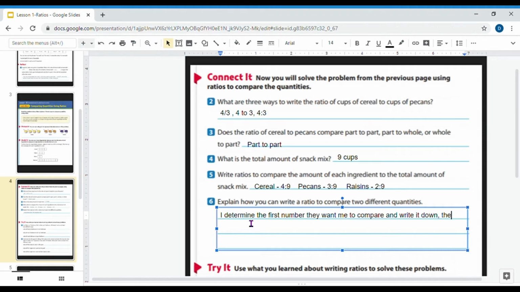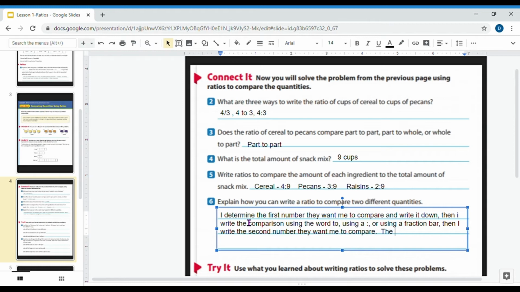Then I write the comparison using the word to, using a colon, or using a fraction bar. Then I write the second number they want me to compare.